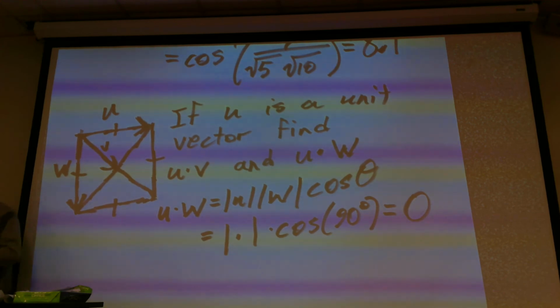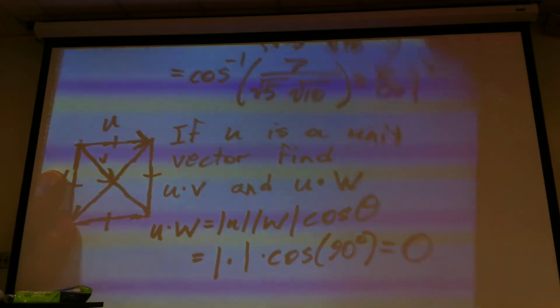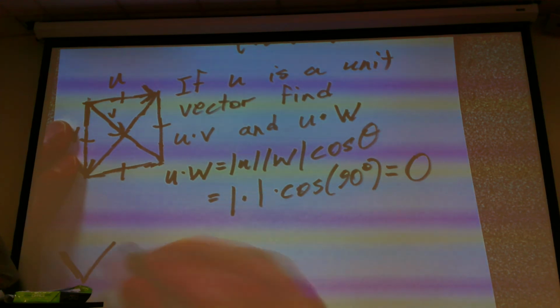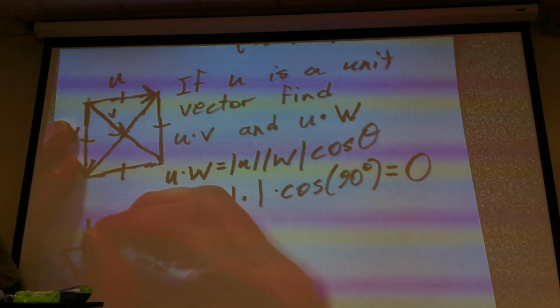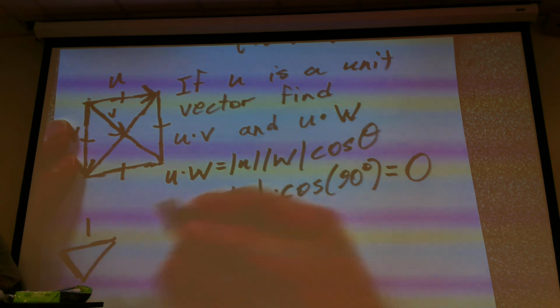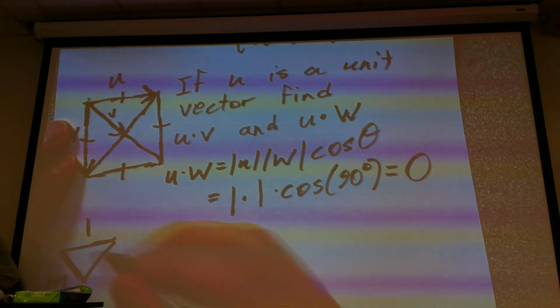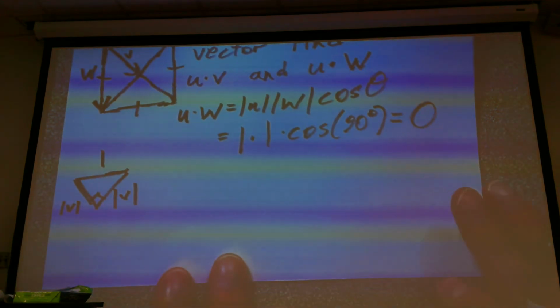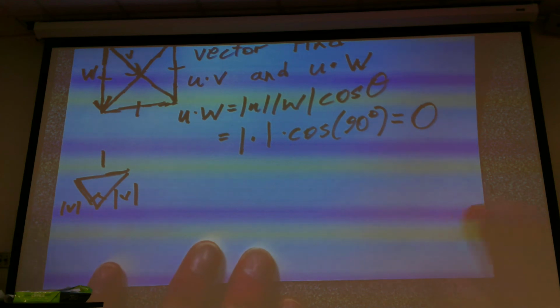What do I know from this? Based upon the Pythagorean theorem, if I'm looking at something like this, this is 1, and I'm trying to figure out what the magnitude of V is. This is a right angle, and that's also going to be the same. That's the magnitude of V. So a squared plus b squared equals c squared.